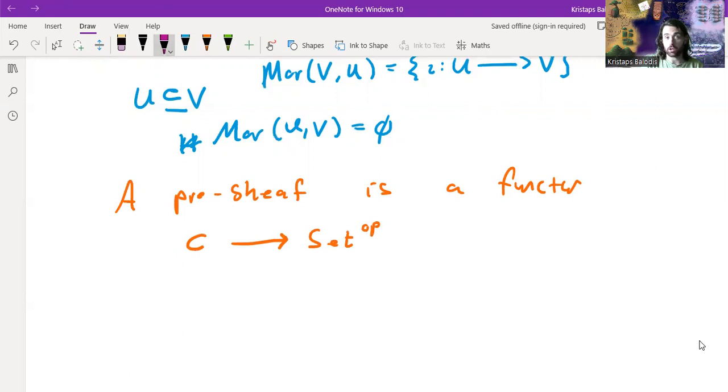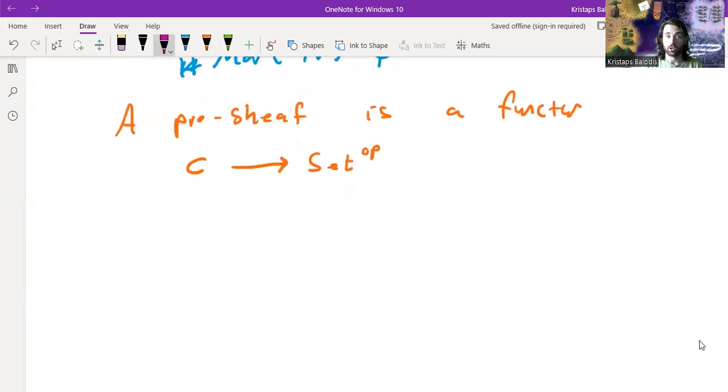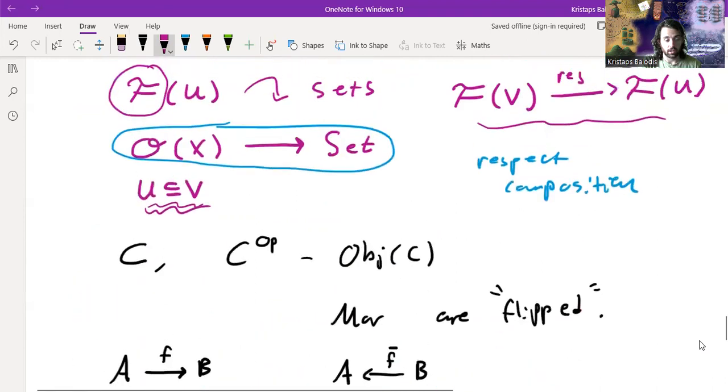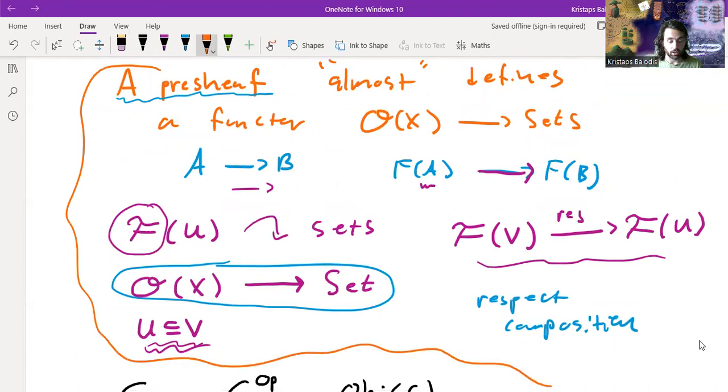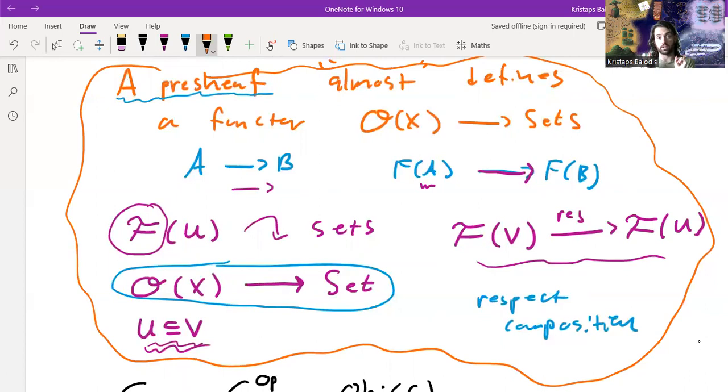And now we see as a special case the presheaf in the geometric context that we saw, where we defined it with respect to a topology. A presheaf is a functor from the category of open sets of a topological space into the opposite category of sets, right? And why is that? It's simply because it satisfies all of the axioms of a functor except the way that arrows point gets flipped around.